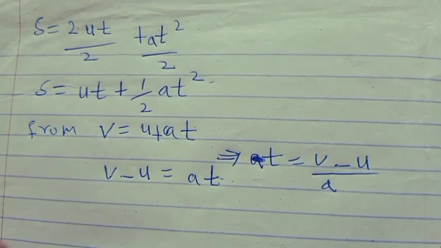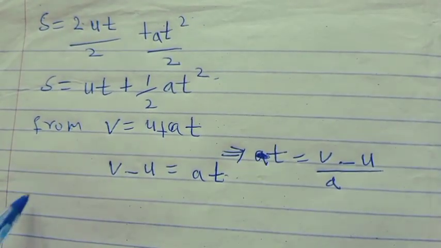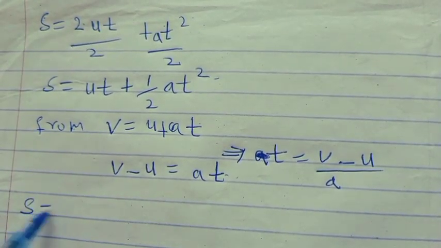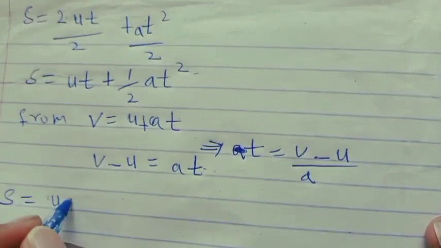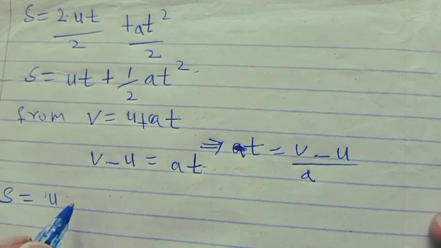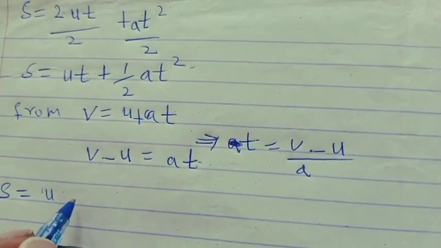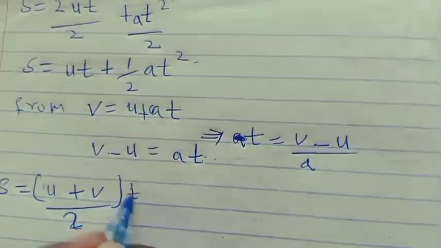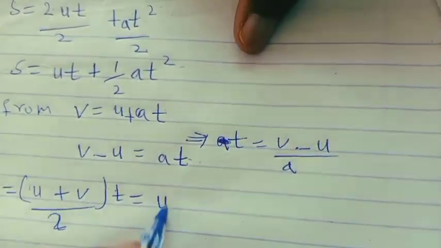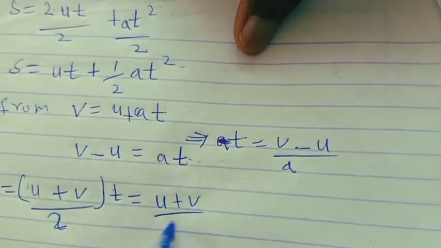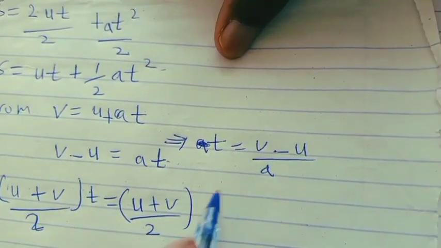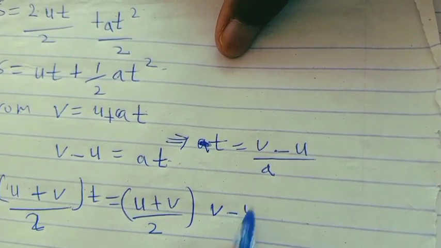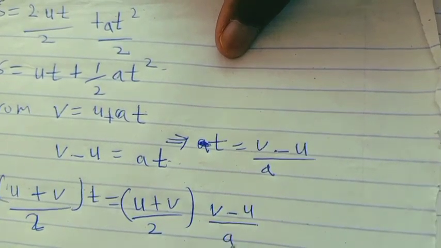So what we are going to do now in s = t(u + v)/2: instead of t, we write (v - u)/a.